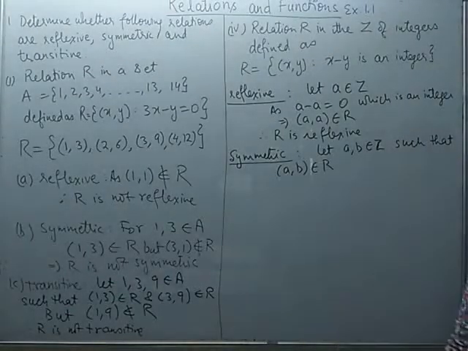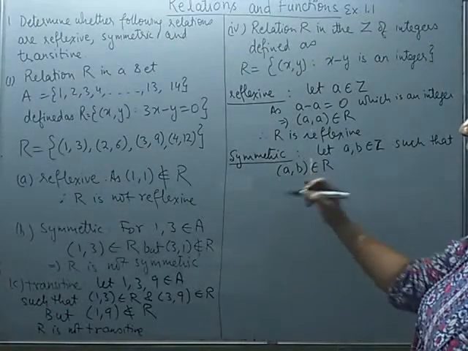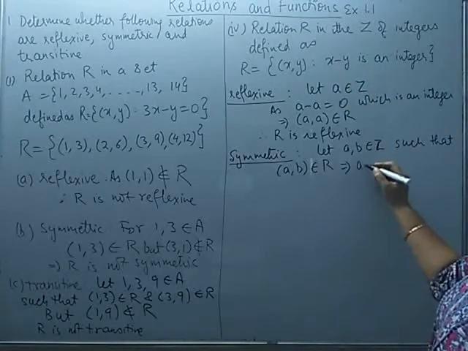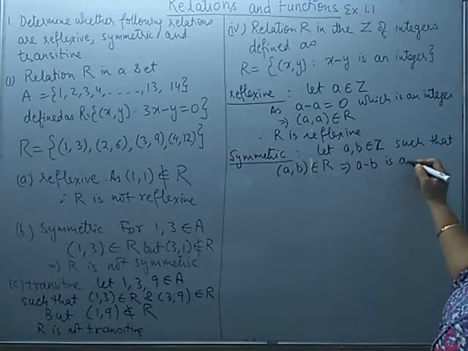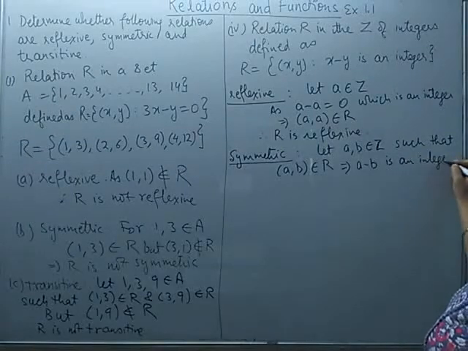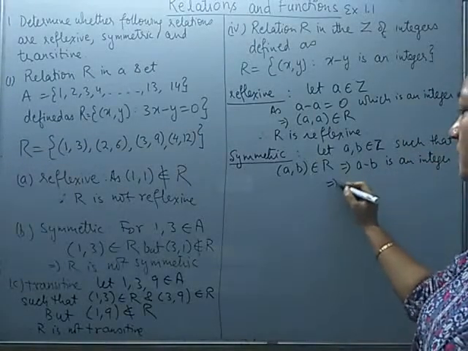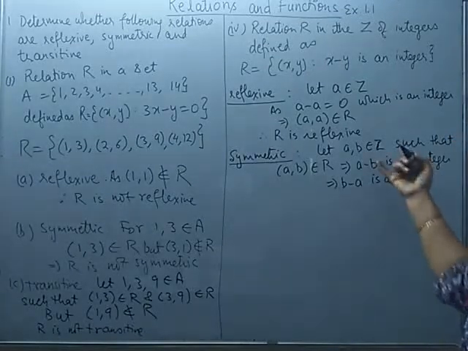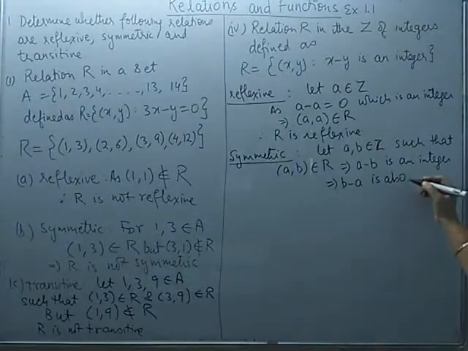If yes, then it becomes symmetric. If (A, B) belongs to R, then as per the definition, A minus B is an integer. If A minus B is an integer, can we say B minus A is also an integer? Obviously, it will be the negative of A minus B. And that is what is required.